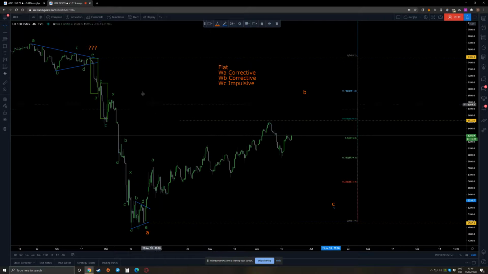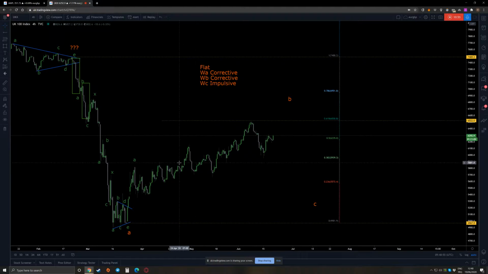On the flat, now 618 has to come, but also it can go even higher. Okay, so you have to try to understand what's going on here in order to understand how to trade this a little bit more. Okay, so what does this look like to me? It looks like we started with a zigzag with an A wave here.